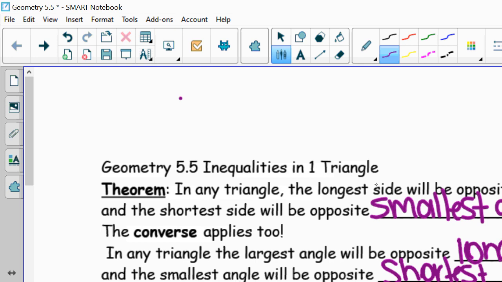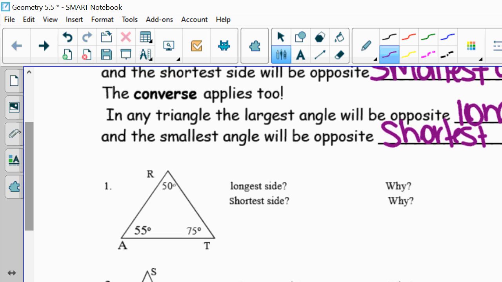All right, so let's practice that. So we have this picture, triangle RAT, R-A-T, and it wants to know what is the longest side and why, and what is the shortest side and why. So the longest side, look at what is my biggest angle. My biggest angle is 75, so directly across or opposite that is side RA. So my longest side is segment RA. Why?